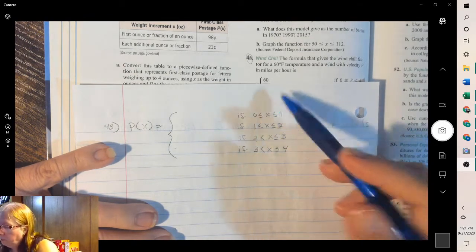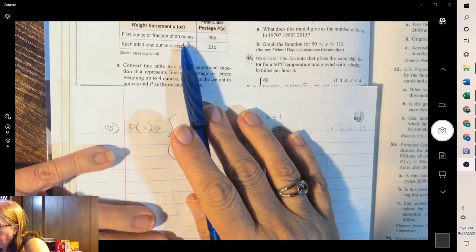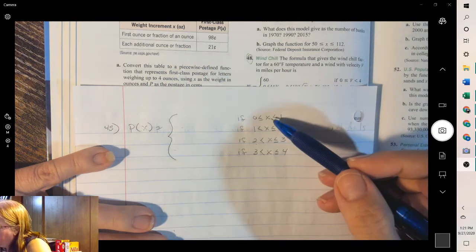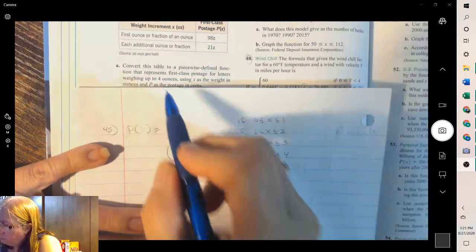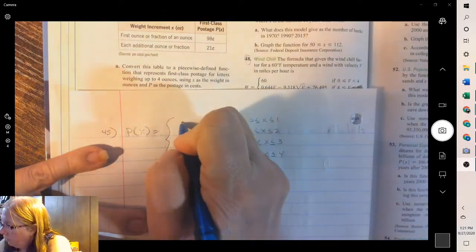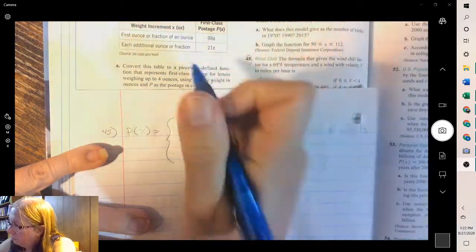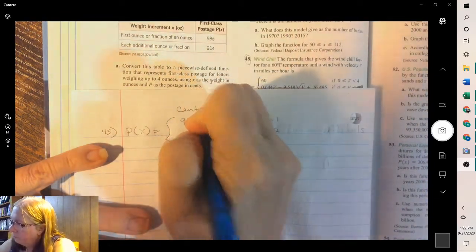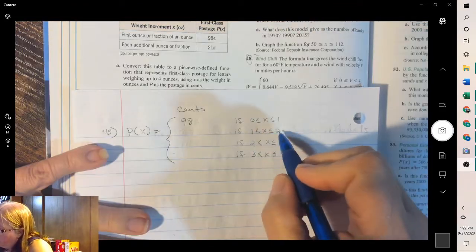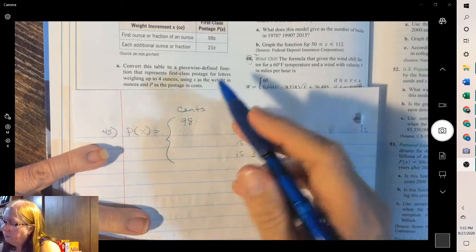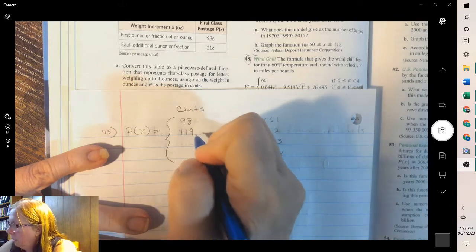Now for the first one, convert this table, weight in increments of X. Okay, so if it's between 0 and 1, did it say cents or dollars? Cents. It would be 98 cents. Well, it's in cents. And then if it's between 1 and 2, it goes up 21 cents. So that would be 119.